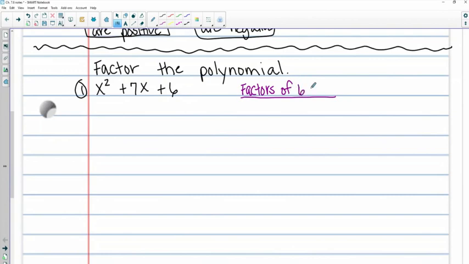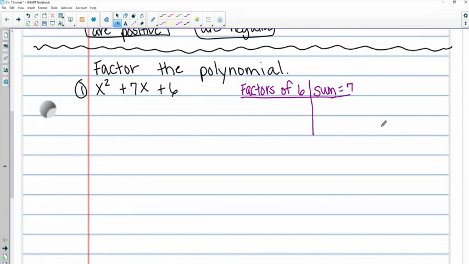So the factors of 6. And we're going to look at B. So the factors of 6, they have to have a sum equal to B, which in this case is 7.